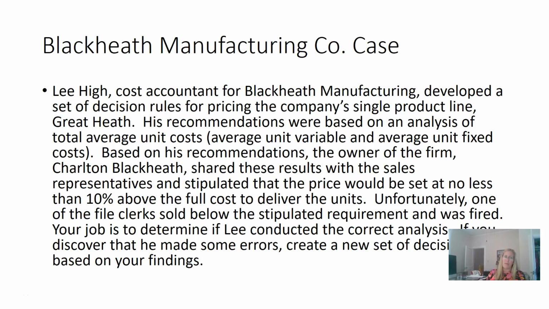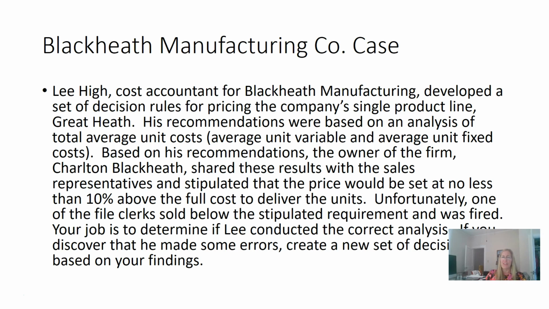Okay, so again, what's at the crux of this case? It's a company with a single product line. That makes life easy for us, because there's all kinds of other complications we're going to get into in future cases that involve multiple product lines. So let's get this part nailed down first.